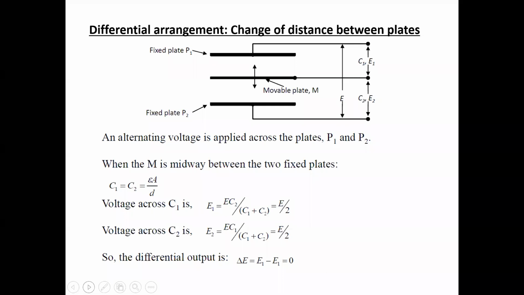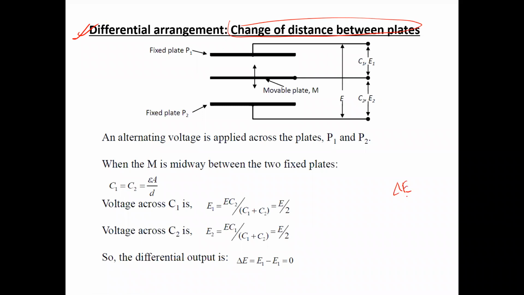Now, for a particular type of differential arrangement, which is that obtained through the change in distance between the plates, the expression for the differential voltage can be obtained. So suppose x is the displacement of the movable plate. In terms of the displacement x, an expression for the change in differential voltage can be obtained.